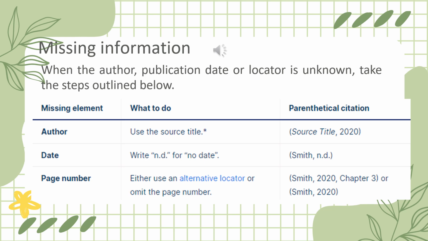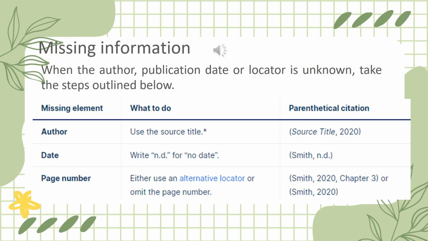And if the page numbers are missing, if there is no page number, you can use an alternative locator such as a chapter, a section, or a paragraph number to guide readers to the specific part of the source. Alternatively, you may omit the locator if it's not essential.